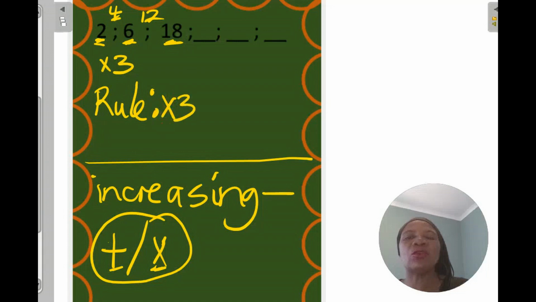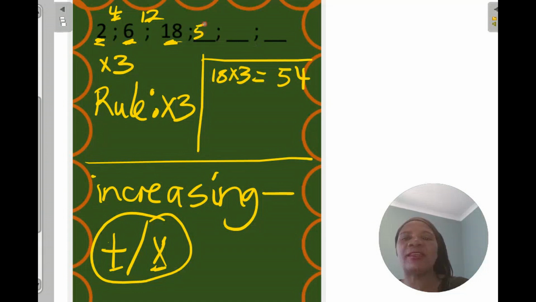So we are going to multiply 18 times 3 to get the next one. 3 times 8 is 24, carry 2. 3 times 1, 3 plus 2, 5. So here it's 54, and the next one will be 54 multiplied by 3. 3 times 4, 12, carry 1. 3 times 5, 15 plus 1, 16.